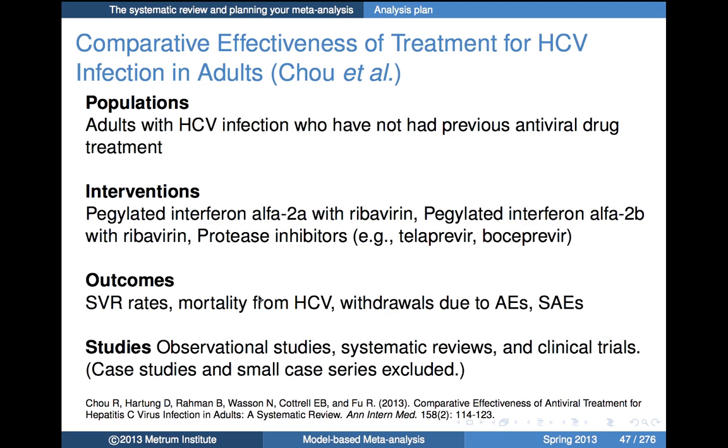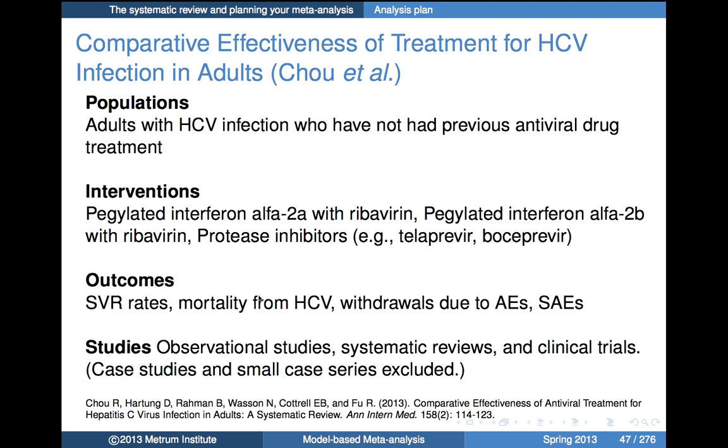And then the outcomes of interest were the SVR rates. That was their primary measure of intermediate-term efficacy. Mortality from HCV was a measure of longer-term efficacy, as well as withdrawals due to adverse events and serious adverse events themselves.